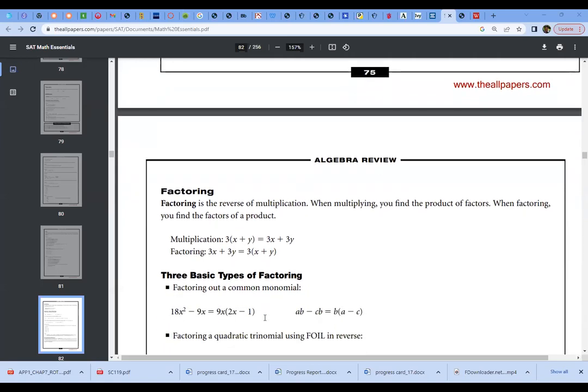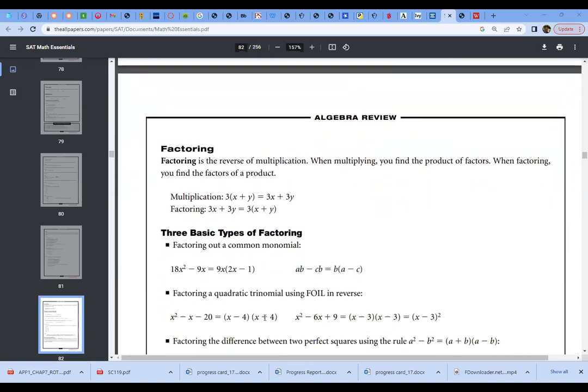So we have 3 basic types of factoring. The first is factoring out a common monomial, what we call the common factor. Like if you have 18x squared minus 9x, what is the common factor here? The common factor is 9x.